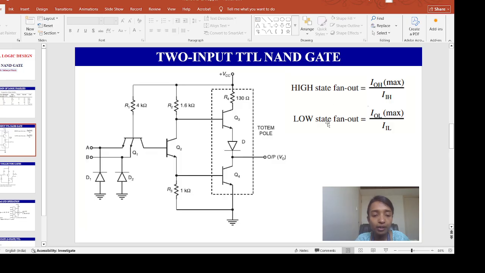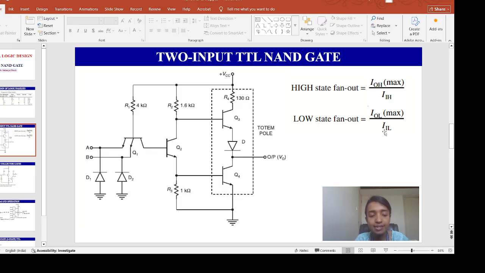So if you want to determine the fan out, we have to use this relation. High state fan out is IOH max by IIH. What is IIH? High level input current. And low state fan out is IOL max by IIL. What is IIL? IIL is the low state input current. Okay.